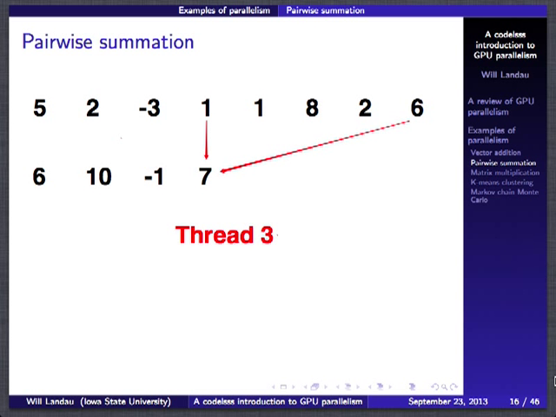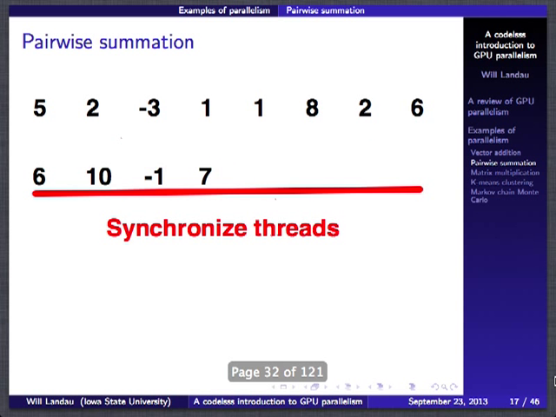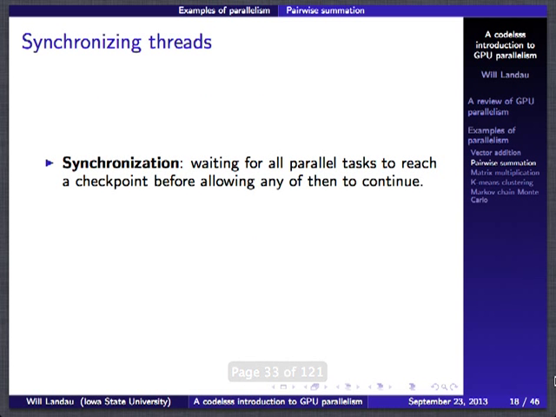Now here's the interesting part. After we take all those sums, we need to synchronize our threads, meaning that we have to wait for all the threads to finish computing these things in order to move on. In general, synchronization is waiting for all parallel tasks to reach some checkpoint before allowing them to continue.